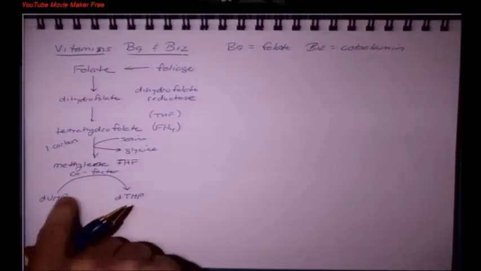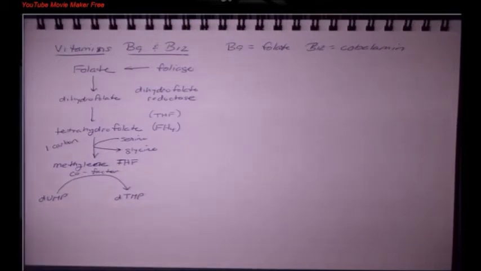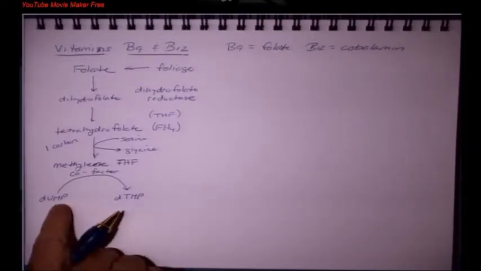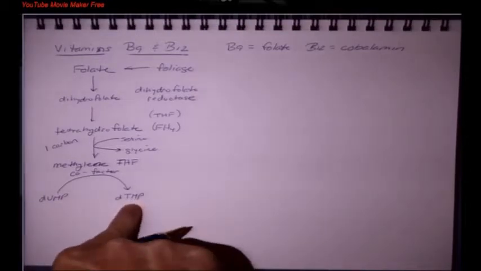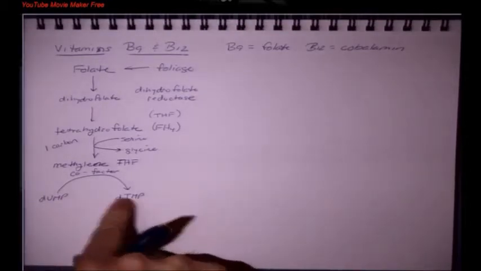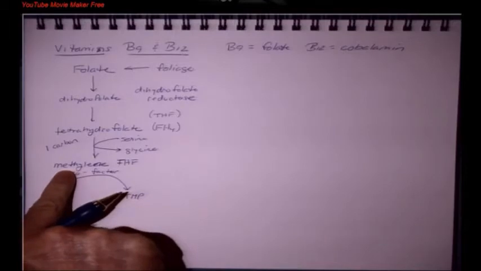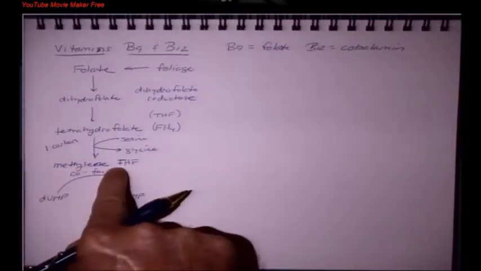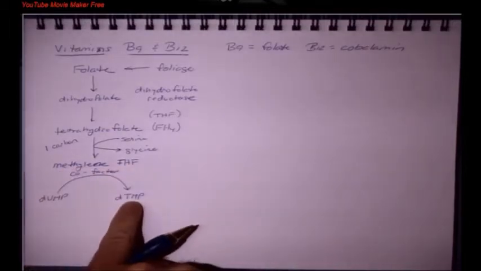And remember I said that the ring is made, and all we had to do is modify the structure around the ring to make the other pyrimidines. Here is how we take dUMP and turn it into thymidine monophosphate. We are simply adding the one carbon of methylene tetrahydrofolate to the UMP.